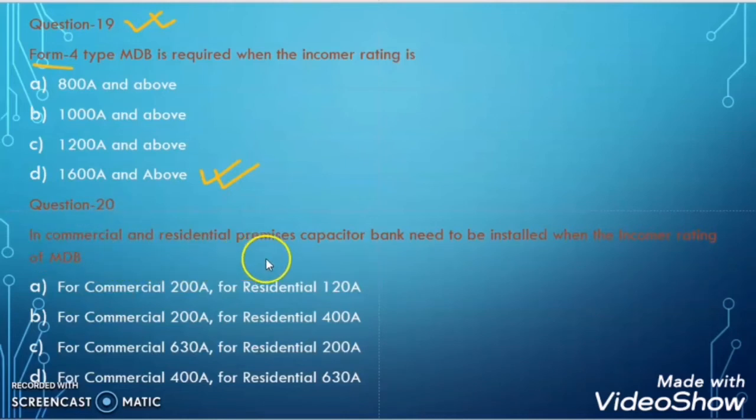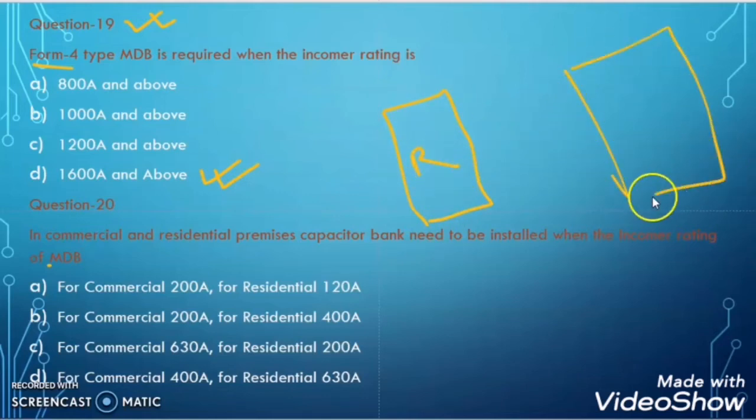Now let us move to question number 20. In commercial and residential premises, a capacitor bank needs to be installed when the incomer rating of MDBs is... What is the question? Suppose this is a residential building and this is the commercial building.